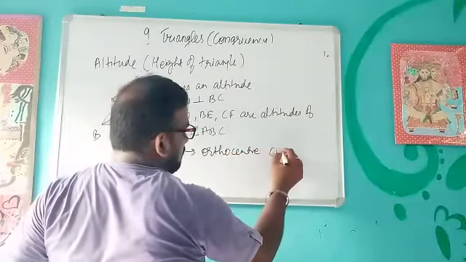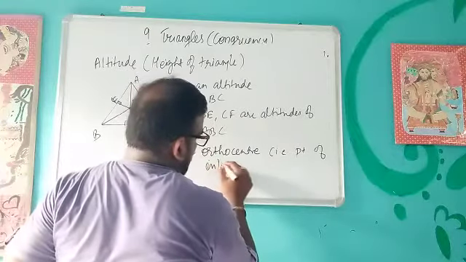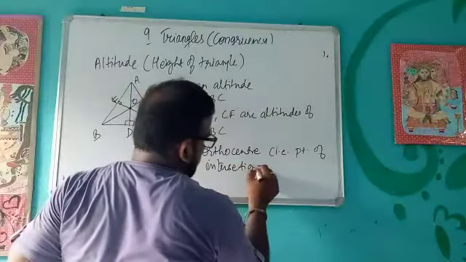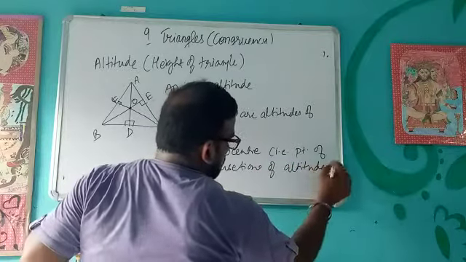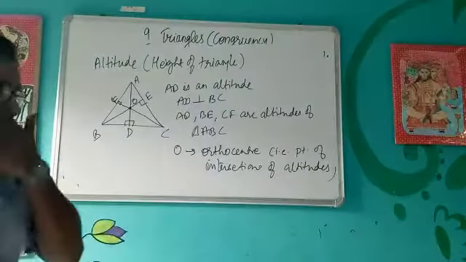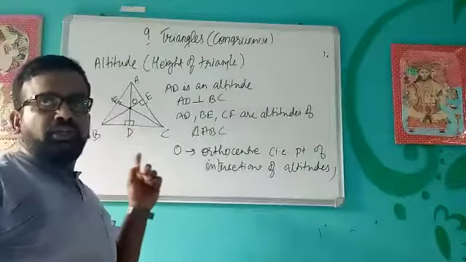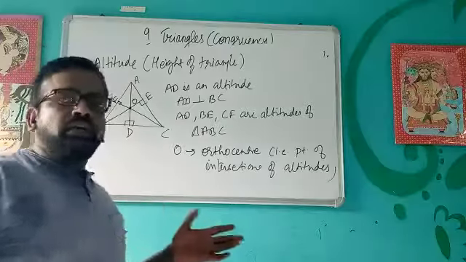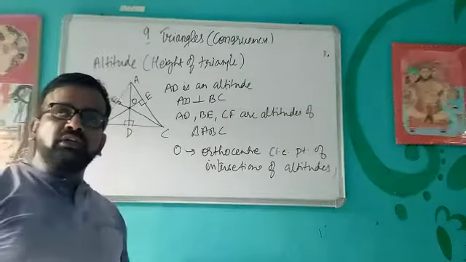That is the point of intersection of altitudes. So the point of intersection of medians is known as the centroid, and the point of intersection of altitudes is known as the orthocenter. And the orthocenter and centroid may or may not coincide. It depends upon the type of triangle.